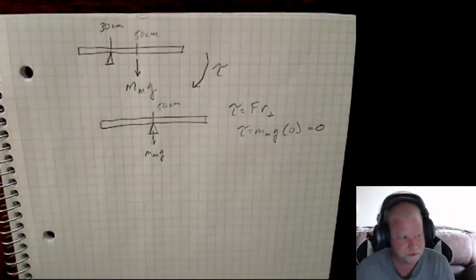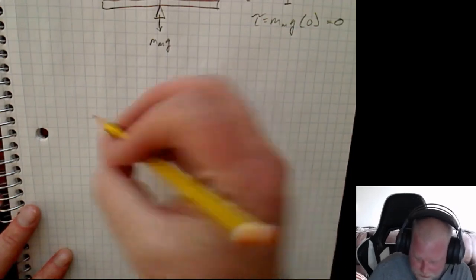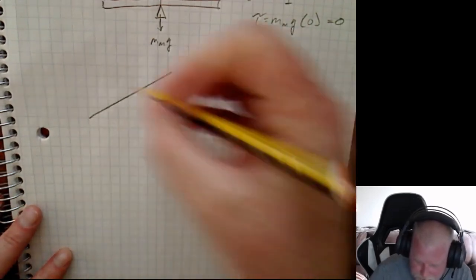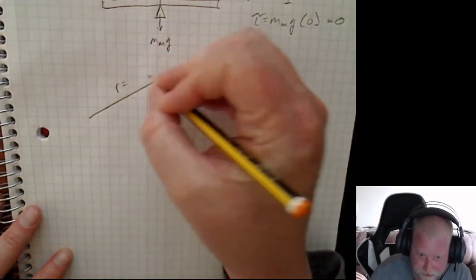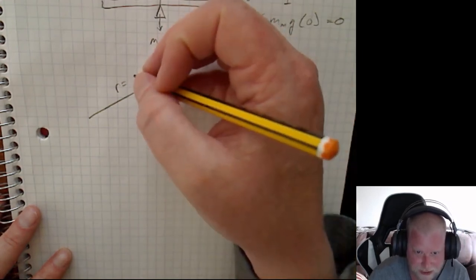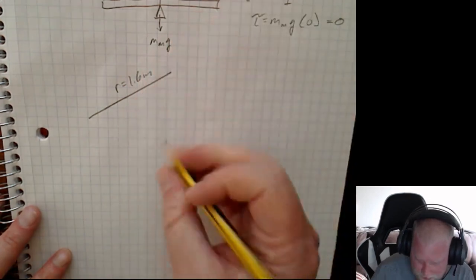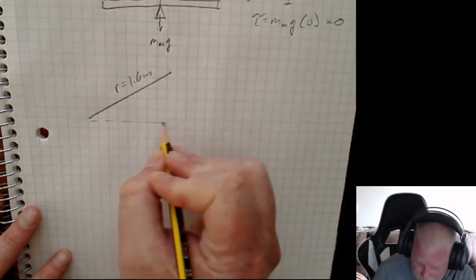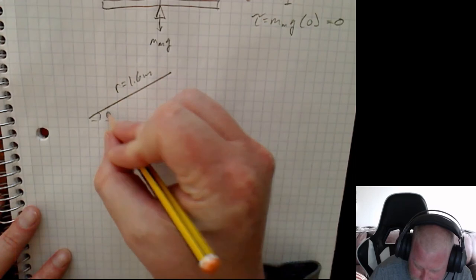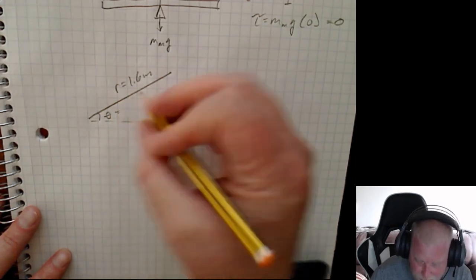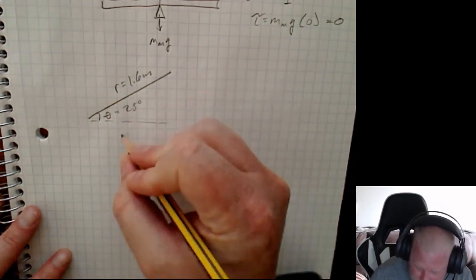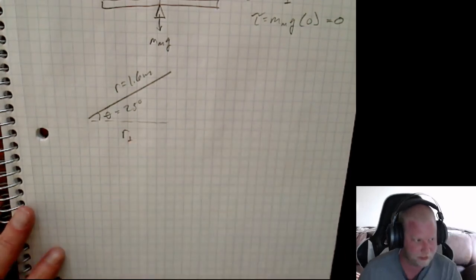So, if we know that r, the distance to the center of mass, is 1.6 meters, and we know that it is at a 25-degree angle, we can find the moment arm.